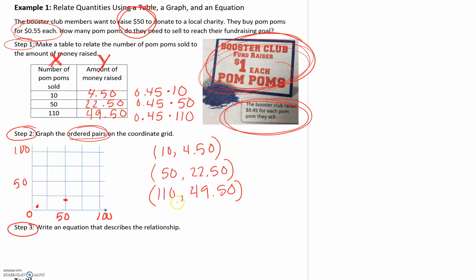And then I have 1.10, so I'm just going to go a little bit above the 1.00, and then right below my 50. All right. My line's pretty straight there.